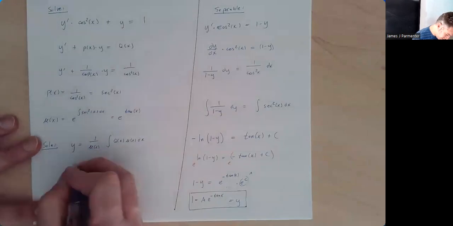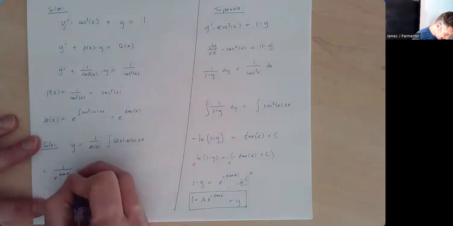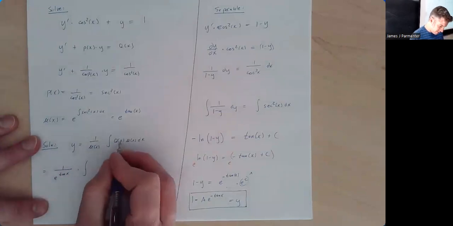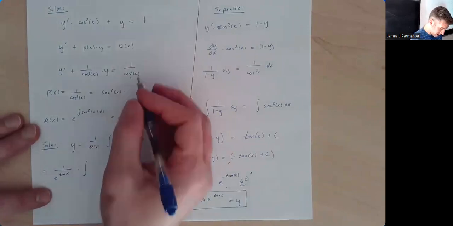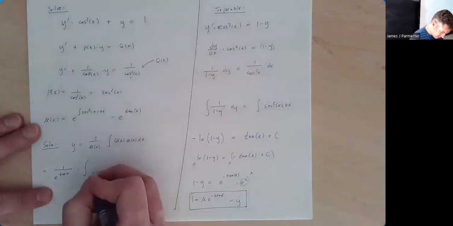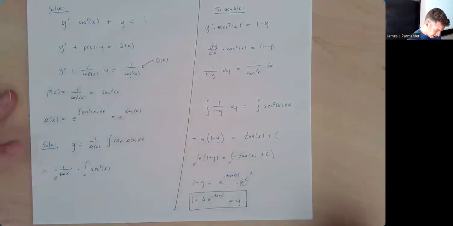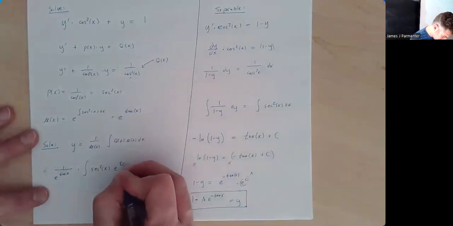Well, that's going to equal 1 over e to the tangent of x times the integral of q of x, which is secant squared, right? That's my q of x right there. And then our mu of x was e to the tangent of x.